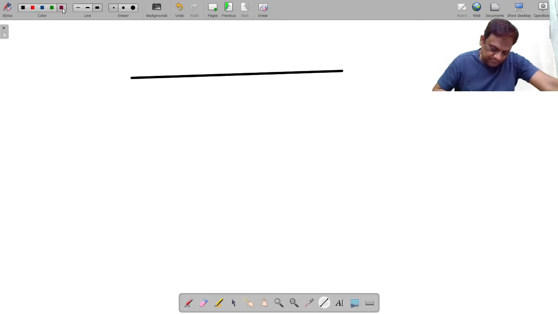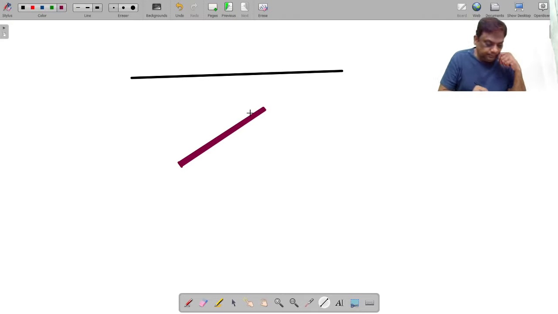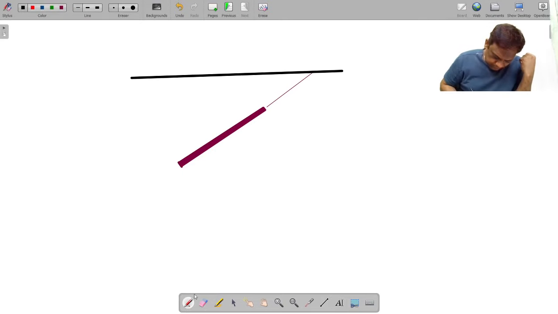Let me show you the resultant diagram. Finally, the resultant diagram will be like this.